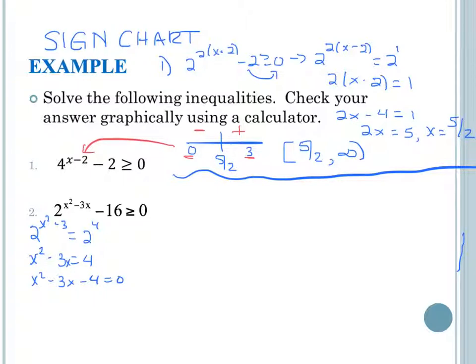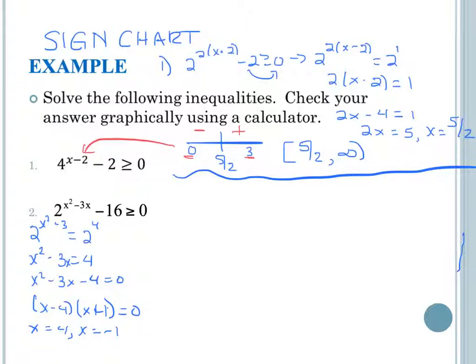Look for factors of 4 that add to negative 3. So I think x minus 4 and x plus 1, there we go, equal to 0. So x equals 4, x equals negative 1.